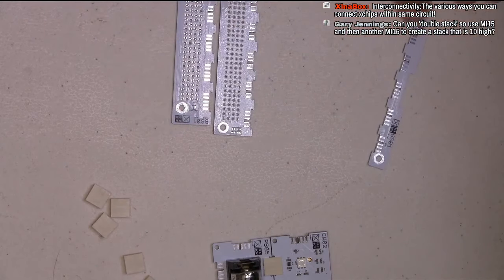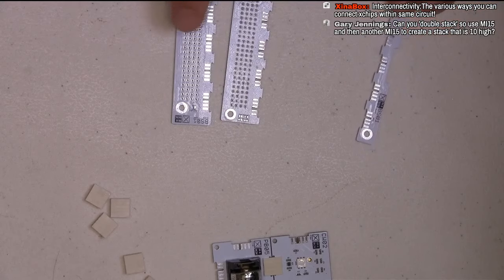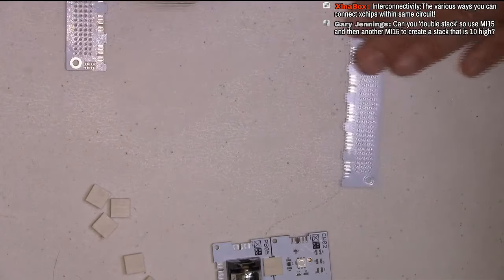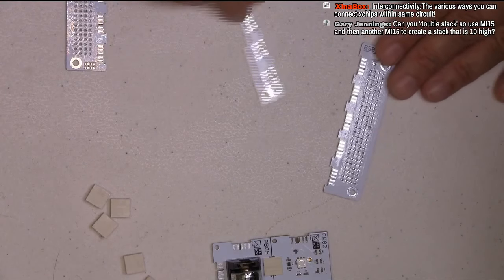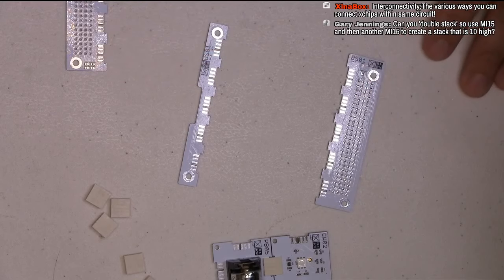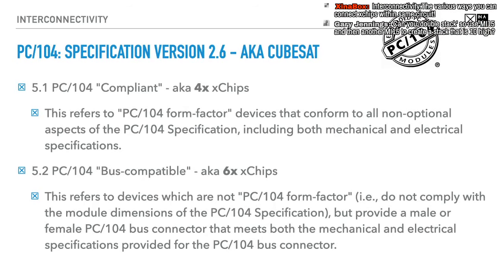And then we have another one, so we call this thing here east. If I turn it around so you can see it, this one here we call west. Okay, so if I go back to the presentation, you can see I'm talking about PC104 compliant. That is when you put 4 xChips into the stack, and then we have PC104 bus compatible.